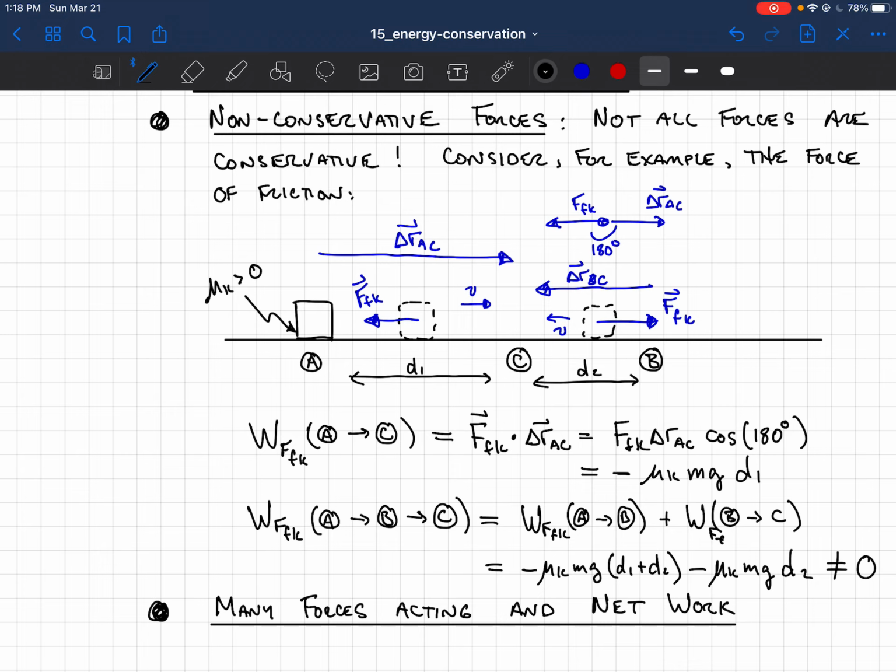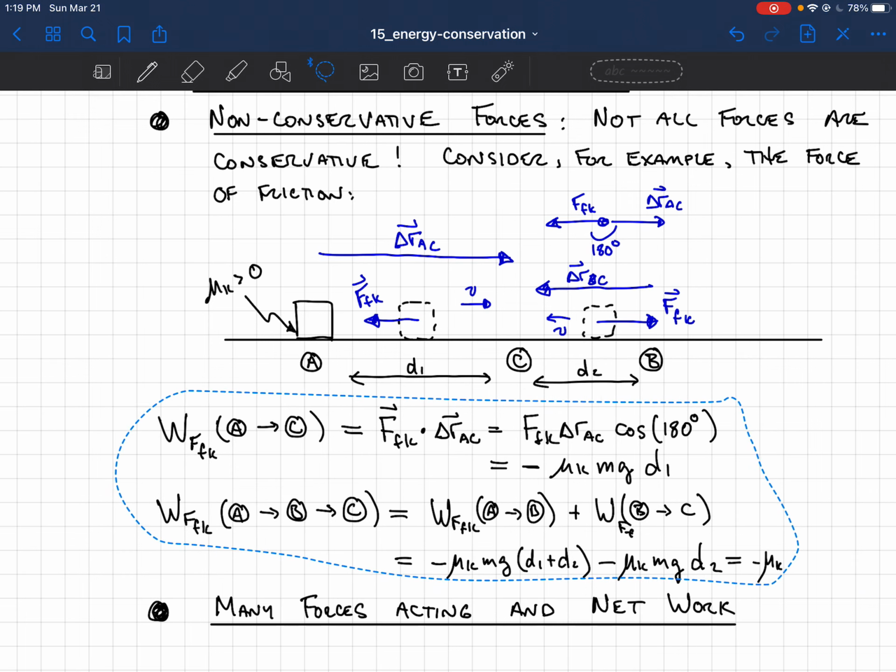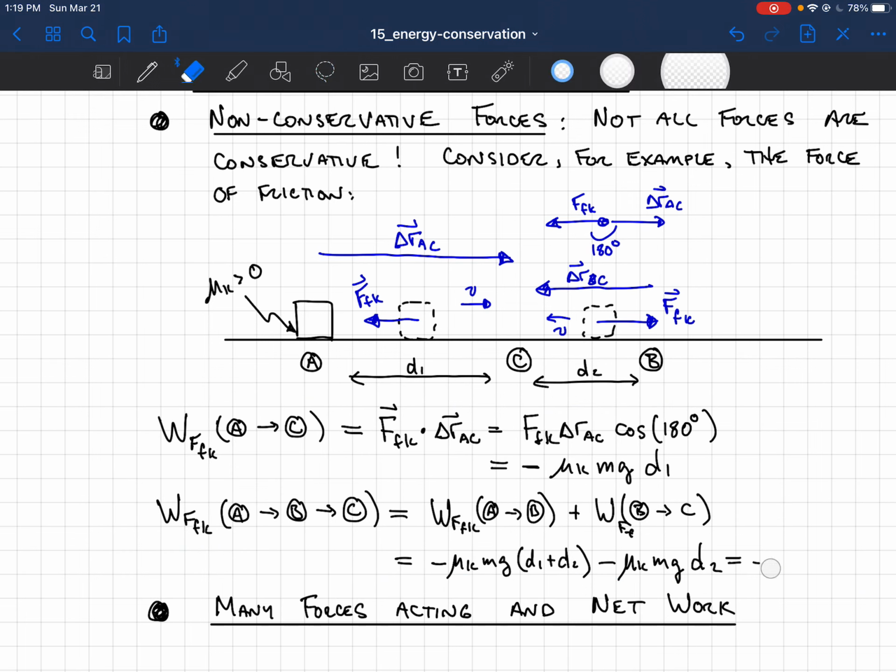You can see all the terms in here are negative, so it's definitely not zero work done. Sorry, let me give myself a little more space so you can see the important point. It's definitely not equal to minus mu k mg d1.